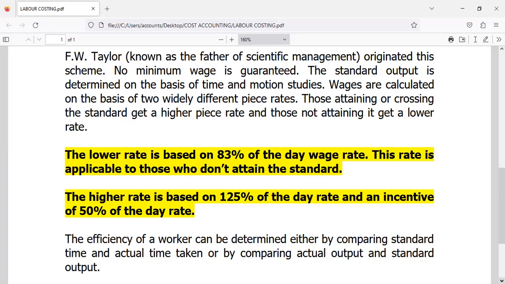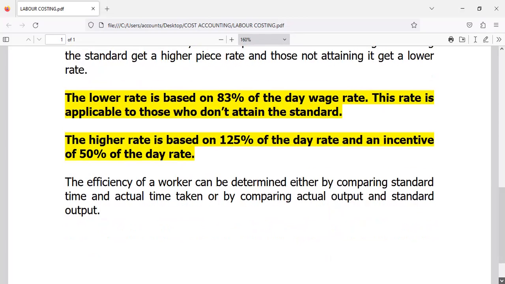So this system was designed to differentiate between those workers who are skilled and efficient and those who are unskilled and inefficient. Meaning that those that are skilled and efficient receive a higher rate, then those who are inefficient and unskilled will receive a lower rate.